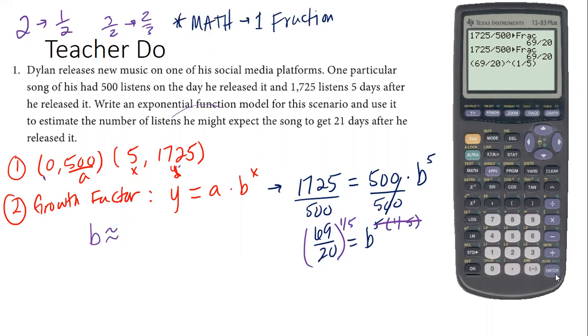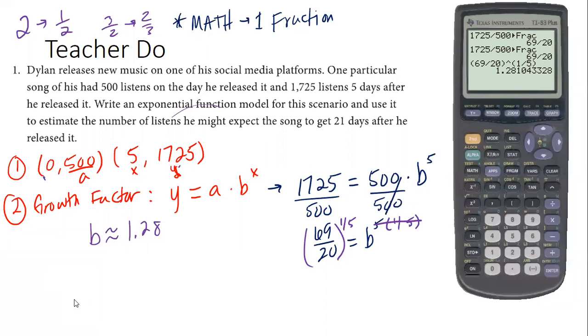Once you have it, you press enter. We round to the nearest hundredths, which means how many decimal places? 2. So what is our b? 1.28. If you didn't get it, ask your neighbor.